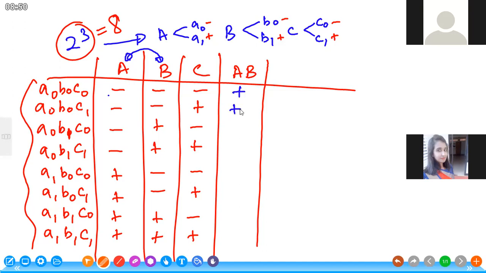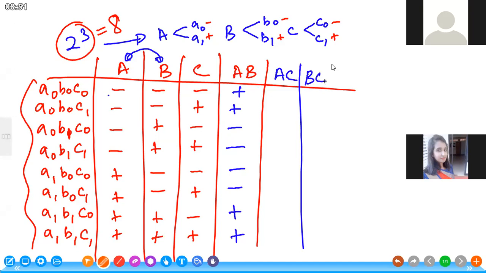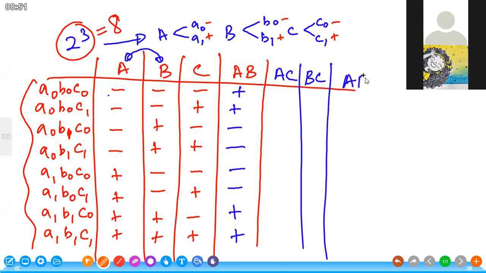Plus, plus, good. Minus, right. Minus, yeah. Plus, and plus, good. So you see, this is how the notation is given. So you can find out for AC, no problem, and for BC, and ABC.